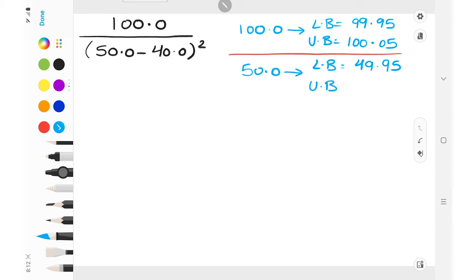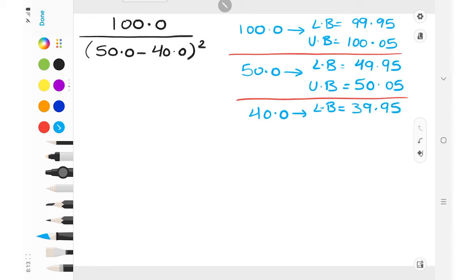My upper is 50.05. My last number, 40.0. The lower bound is 39.95 and my upper 40.05.